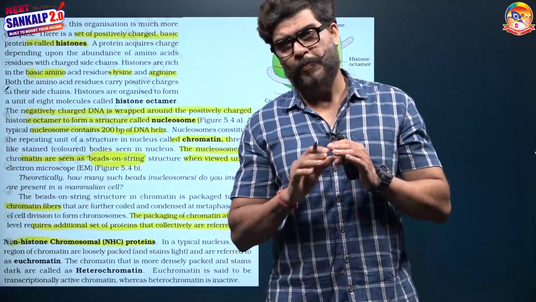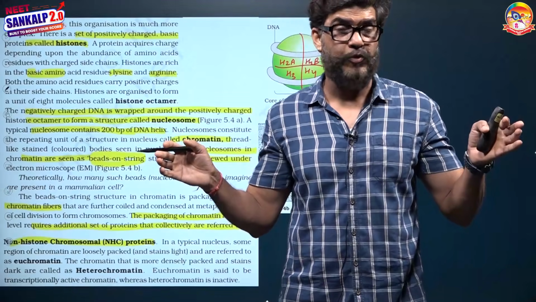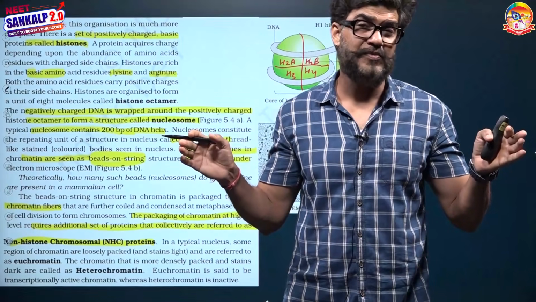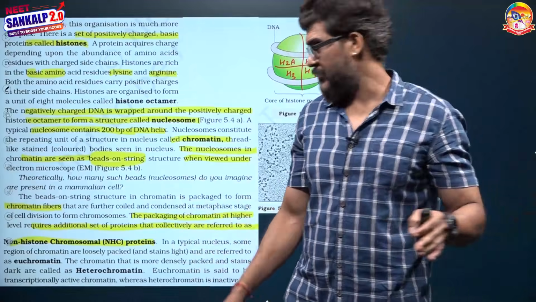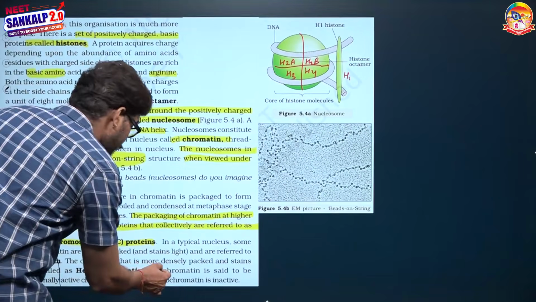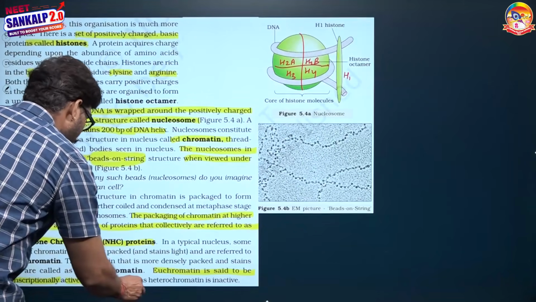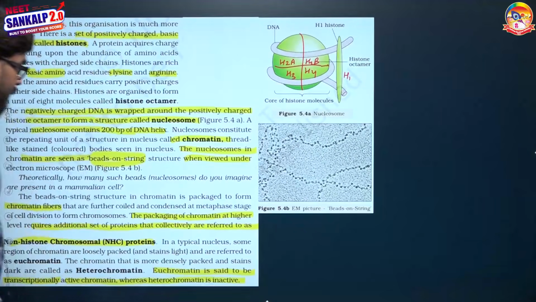Euchromatin and heterochromatin both take part in replication, so replicationally both are active, but from the transcription and translation point of view, euchromatin is the only active part. Euchromatin is said to be transcriptionally active chromatin, whereas heterochromatin is inactive.